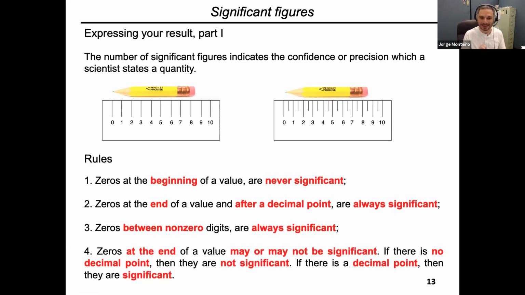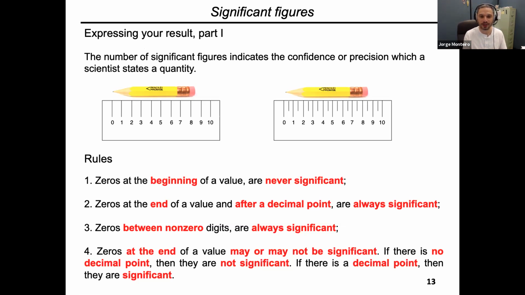We are going to practice a lot, and you are going to be able to tell the sig figs for any number that I throw your way. Significant figures indicate the confidence or precision with which a scientist states a quantity. The more sig figs we have, the more confidence in that measurement.